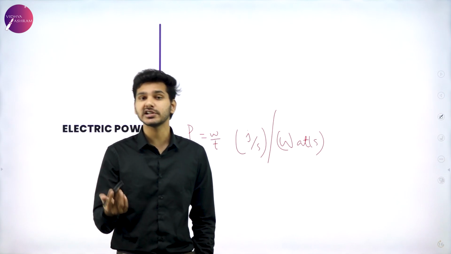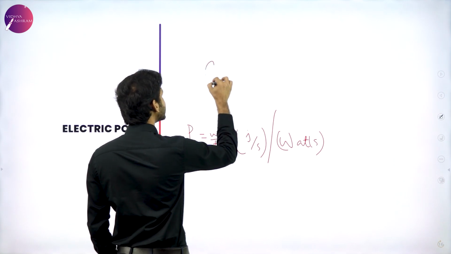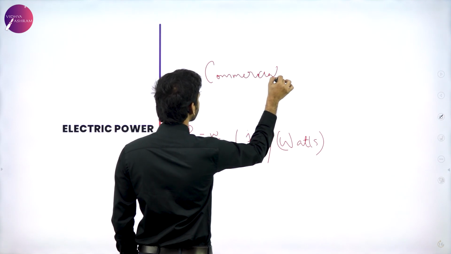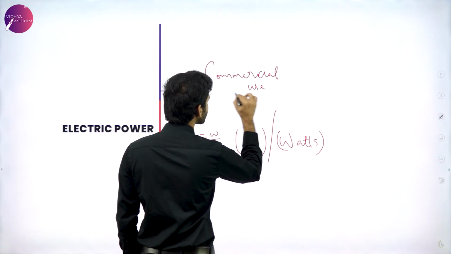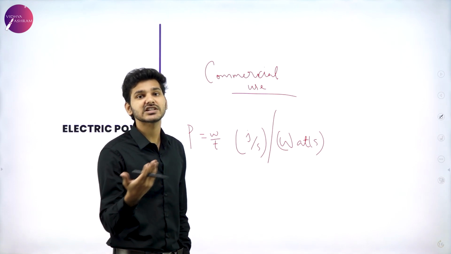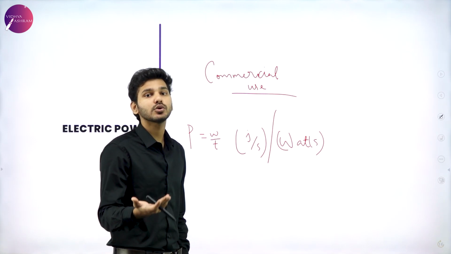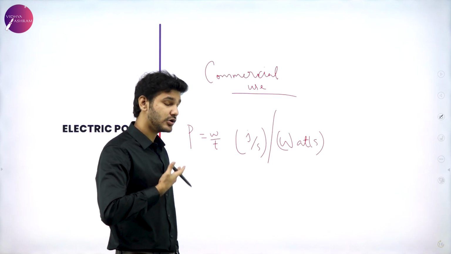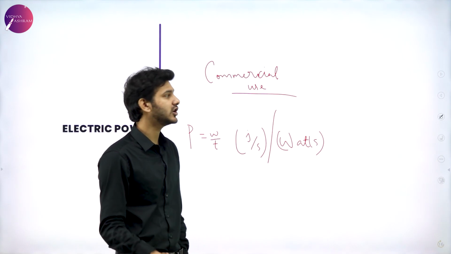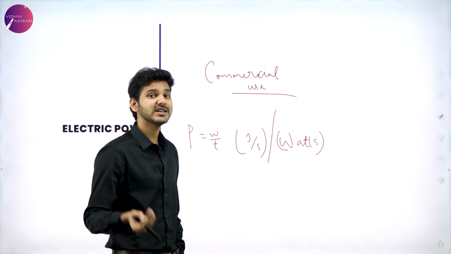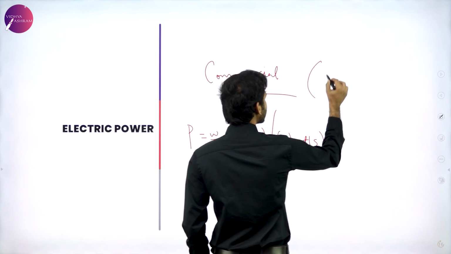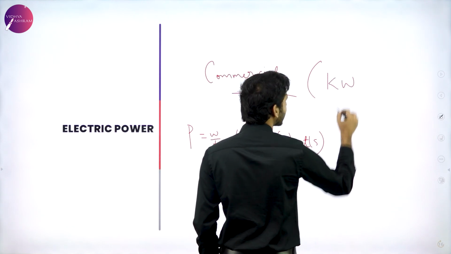Now for commercial use, we don't use watts because watts is very less. When we power an electric bulb or an electric toaster, we use watts. But when we are doing it for houses or industries or cars, we don't have enough watts. So we say it in terms of kilowatts, kW.